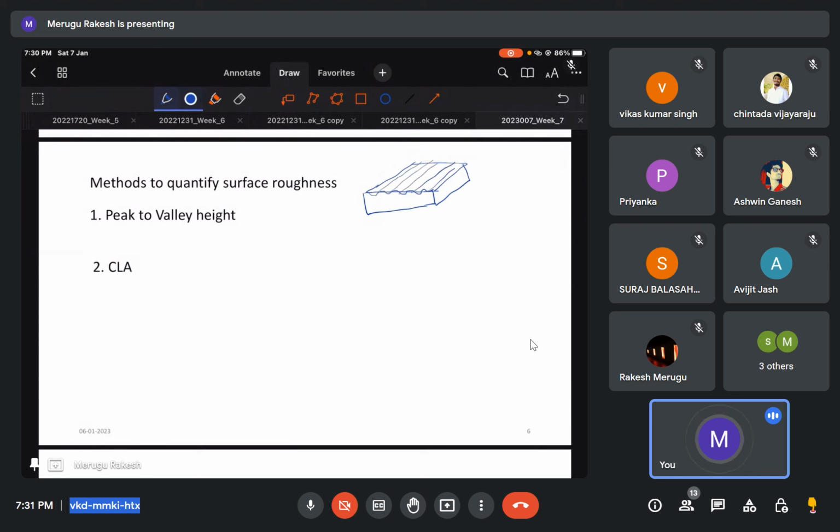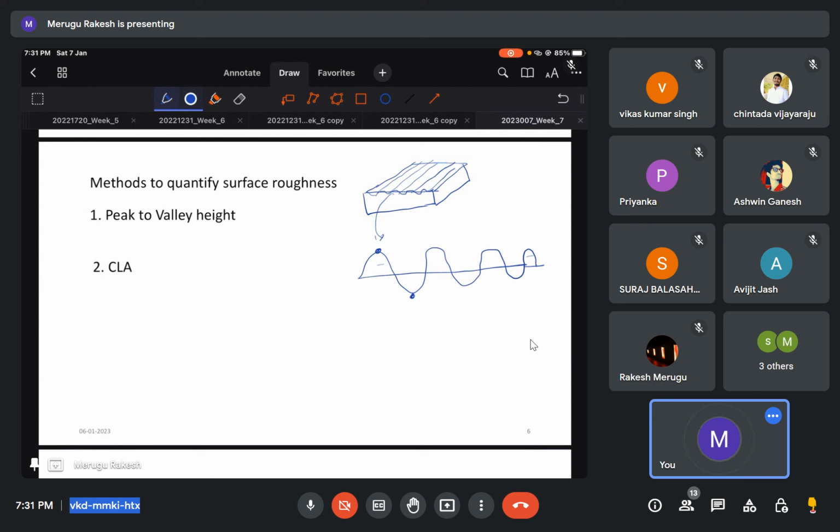I'm just drawing some random profile. So we end up with peaks and valleys and different types of profiles.